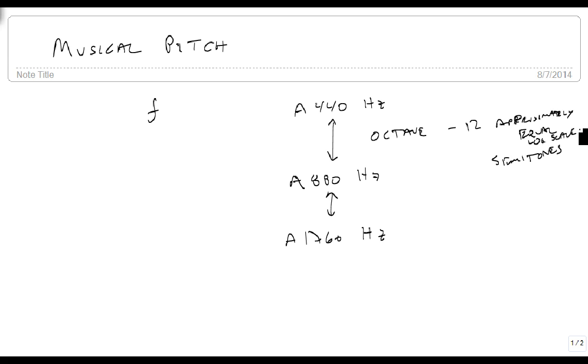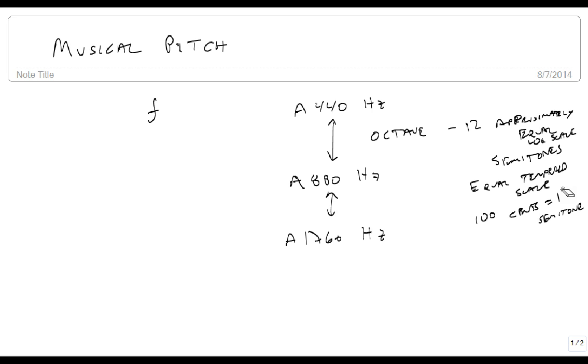And further to that, on an equal tempered scale, where they are all the same, the semitone is made up of 100 cents. So 100 cents is one semitone. And it turns out that the human ear is only sensitive to about 2 cents.